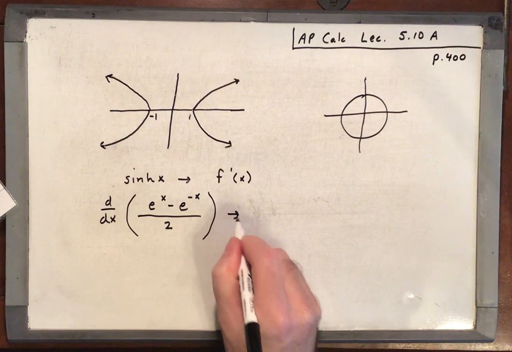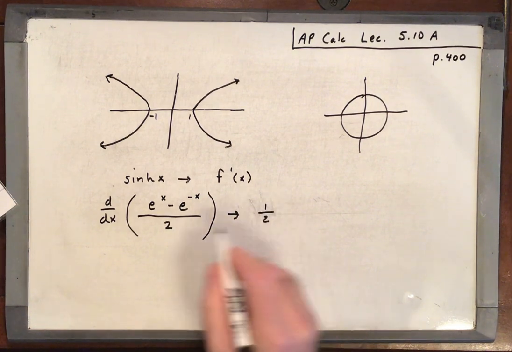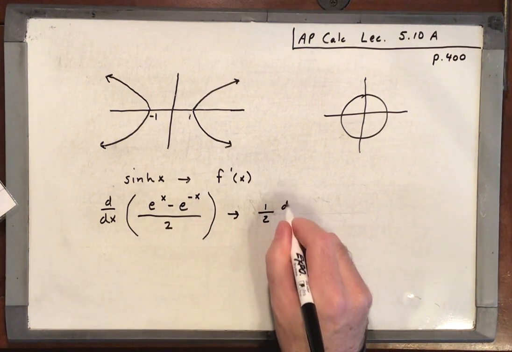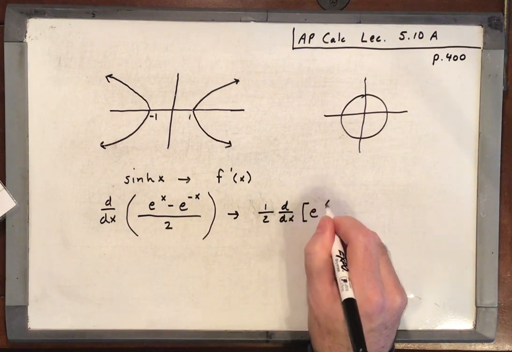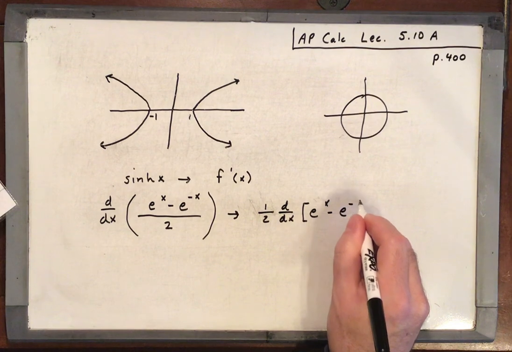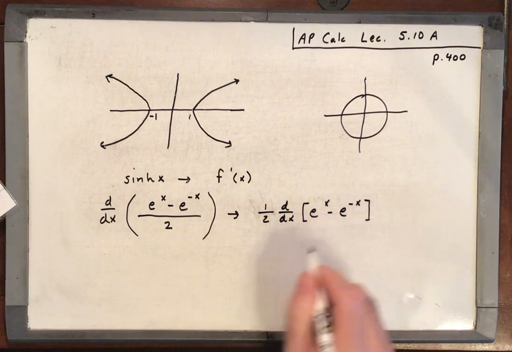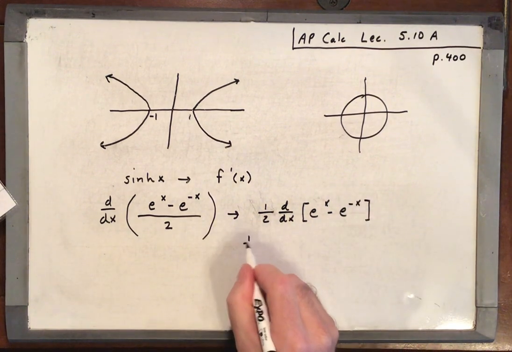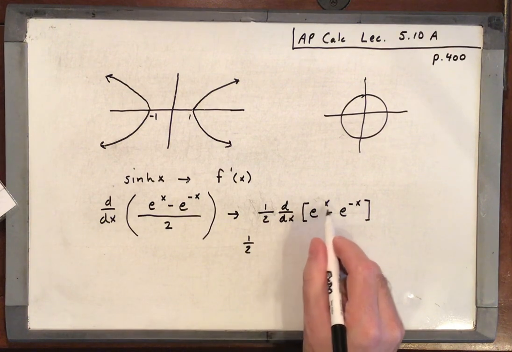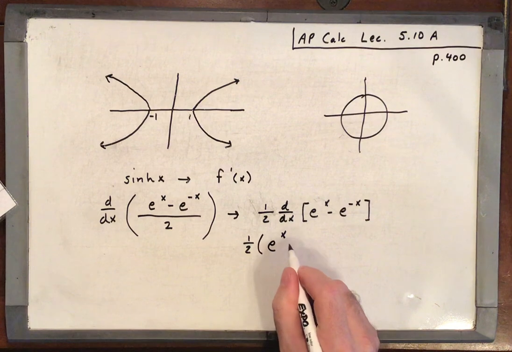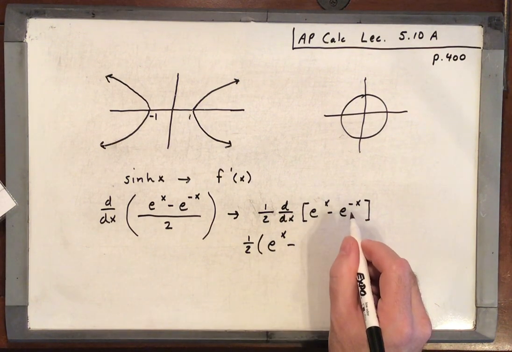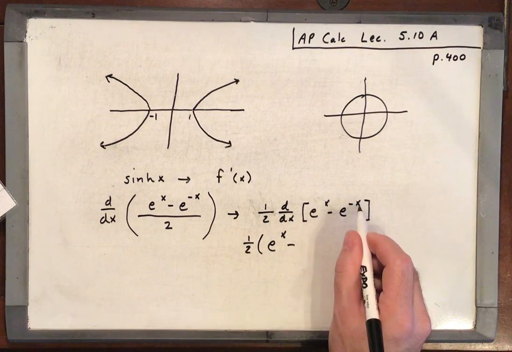Well, first of all, let's get that half out front. So bring the 1/2 out front, and then we'll d/dx e to the x minus e to the minus x. Okay, well, 1/2 doesn't go away, but the derivative of e to the x is e to the x. And then that would be minus the derivative of e to the minus x.